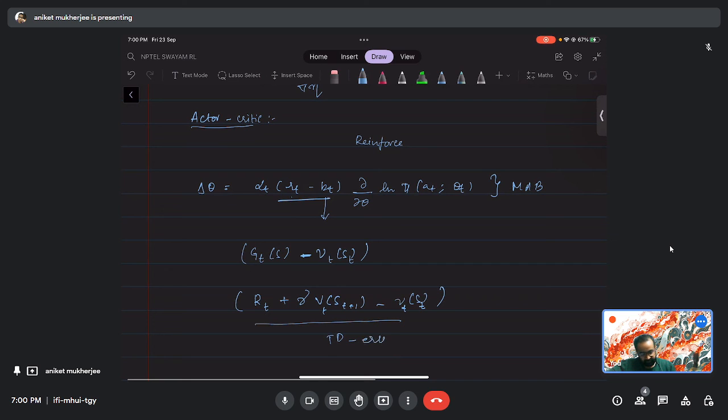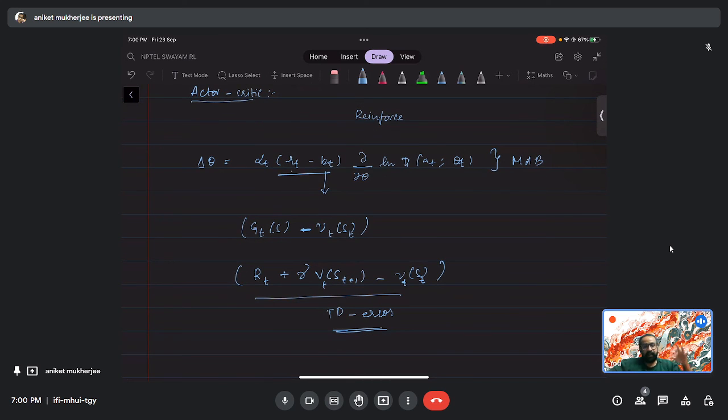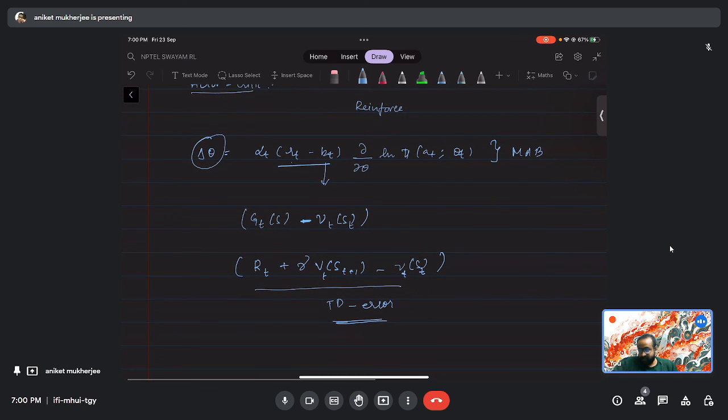This is the TD error. So basically, what actor-critic does is it takes the temporal difference method, it takes the policy gradient method, and connects it to another. That is actor-critic. So you have theta updation along with value function updation. That is the basic concept. So this is your actor, which learns by policy gradient. This is your critic.